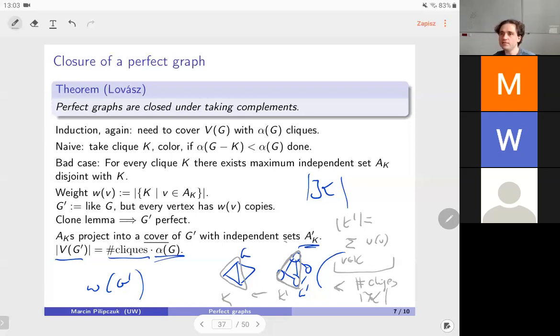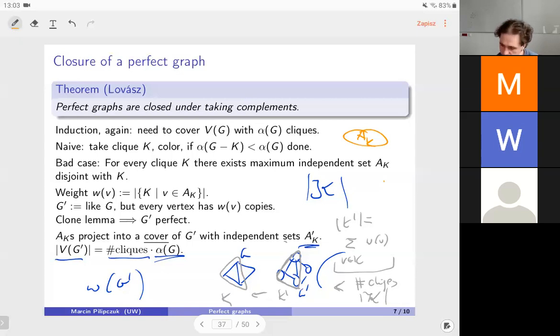Because from every AK, you can have only one vertex. This is the most important thing. I'm taking a clique in G and summing the weights. Now let's look at one AK, at one set AK. It can contribute only one to the weight of the clique, I mean, in this clique.